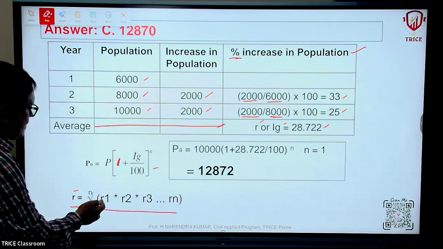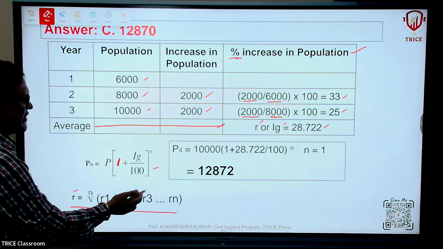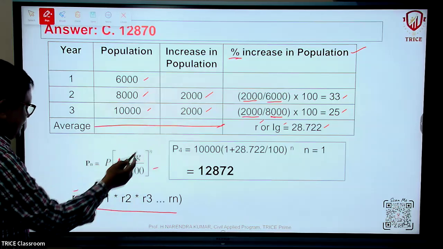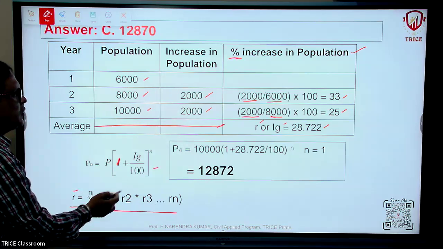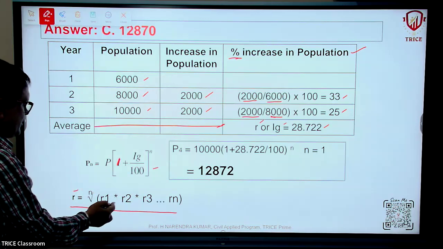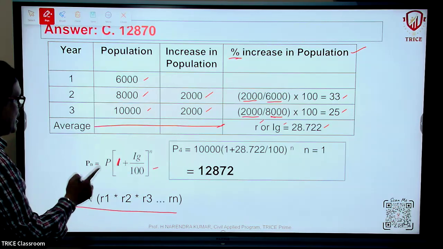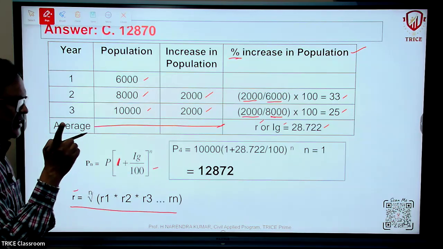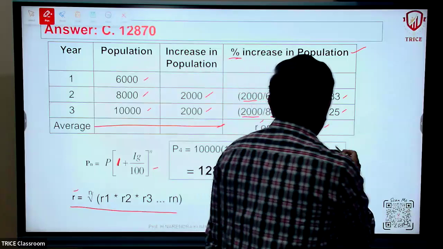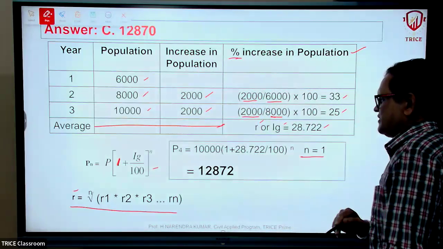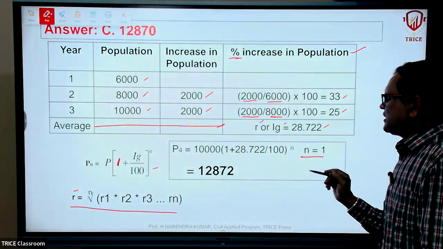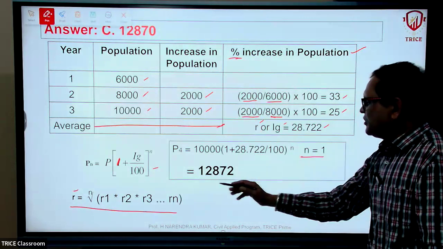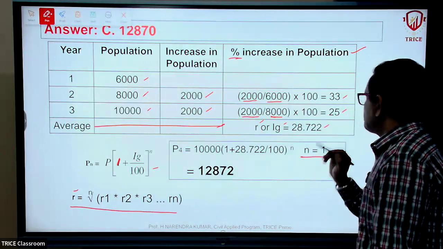It is the nth root of R1 into R2 into R3. You need to take 33 into 25. N is nothing but 1 here because we are calculating for the next year. So if you substitute the value here, you will get 28.72.